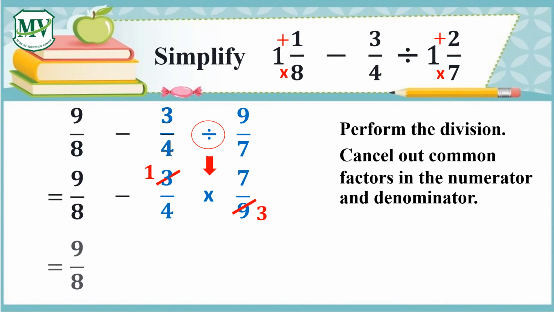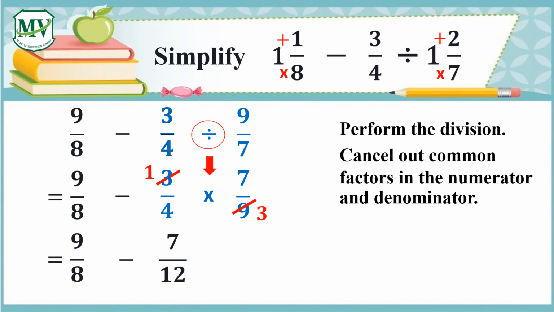Copy 9 over 8. Next, 1 times 7 is equal to 7. 4 times 3 is equal to 12. So we subtract 7 over 12.